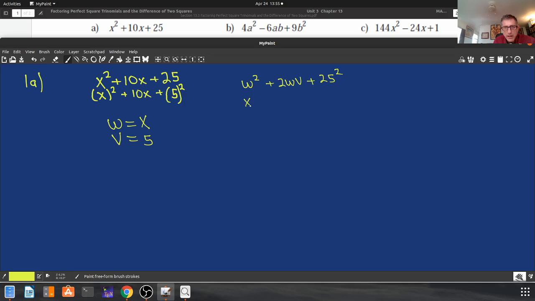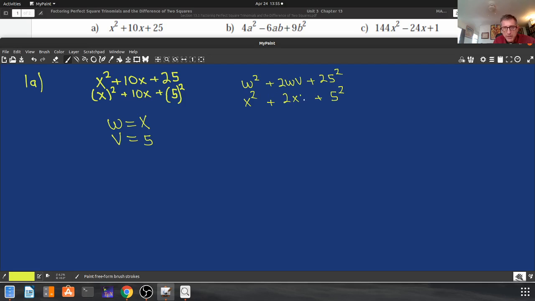So x squared plus 2x, I don't know what my V is yet, but when I discover that 25 is 5 squared, then V becomes 5.